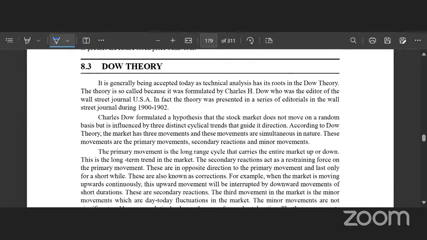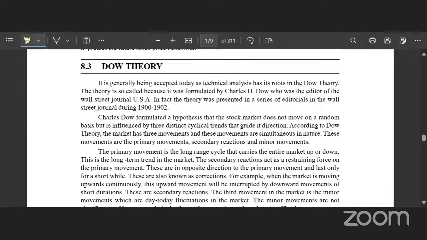To understand technical analysis in a better way, it is better for us to understand the Dow theory. The reason we call it the Dow theory is that it was proposed by Charles Dow, who formulated a hypothesis that the stock market does not move randomly but is influenced by three distinct cyclical trends that guide its direction.